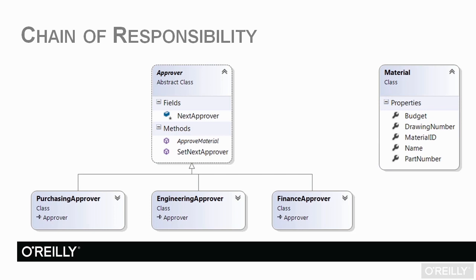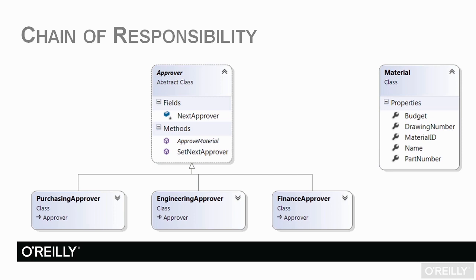Assuming that everything was good for part numbers and drawing numbers, the engineering approver is basically saying yes. He'll then look at his next approver member and see that it's the purchasing approver. So he'll call the ApproveMaterial method on the purchasing approver, who will then do their thing, and if they have to, they'll call ApproveMaterial on the finance approver. So that's the way the chain of responsibility works.